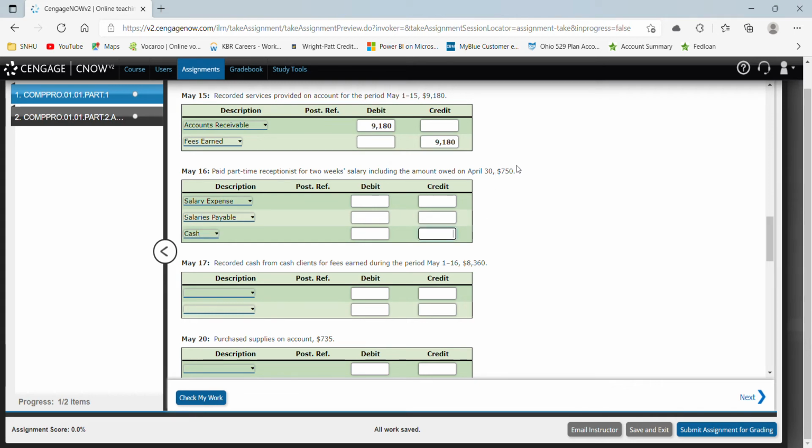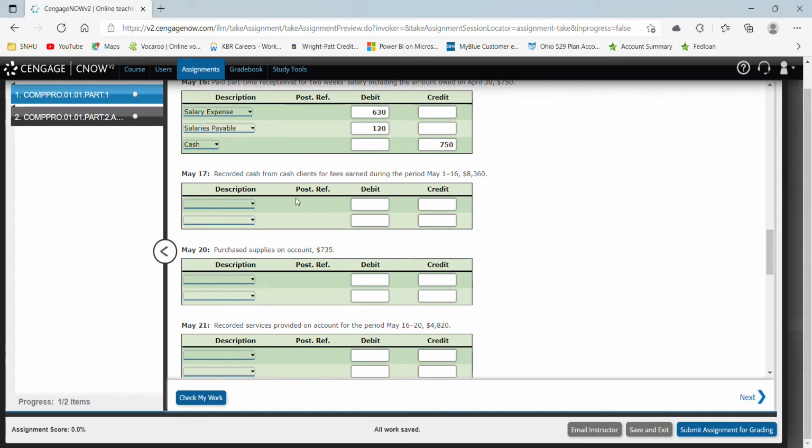This might be easier to start from the end. We're going to pay out $750 in cash because we're paying the receptionist, and we owed them that $120 from April 30th up above that I showed you. And so the difference is $630. So we notice that our debits equal our credits. We just had to break it up a little bit into salaries payable and salaries expense for the current period.